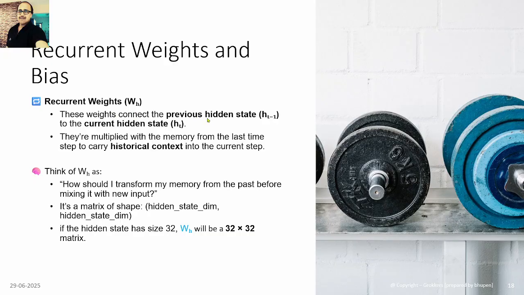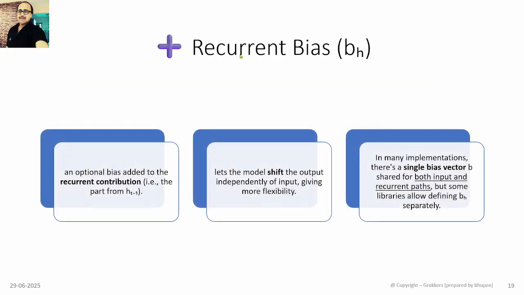These weights connect to the previous hidden state, and they are multiplied with the memory from the last time step, which carries the historical information into the current step. So that's the recurrent weight, and you also have a recurrent bias for the hidden state, which has the same purpose as the bias for the input value.